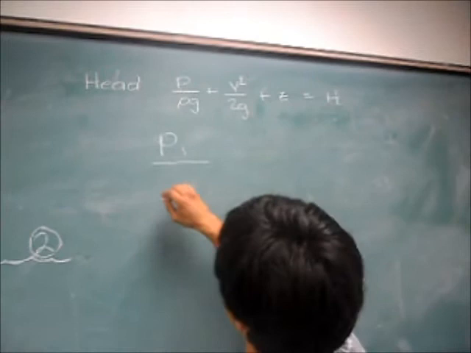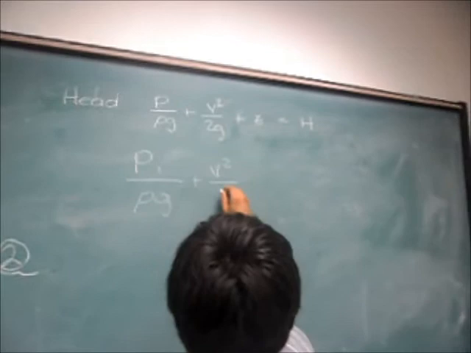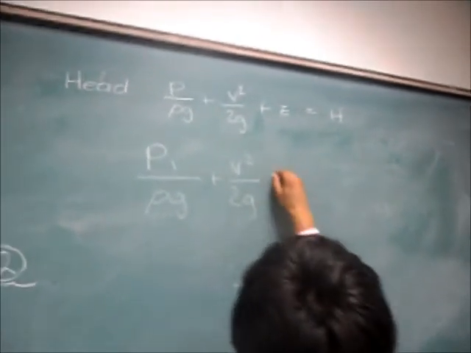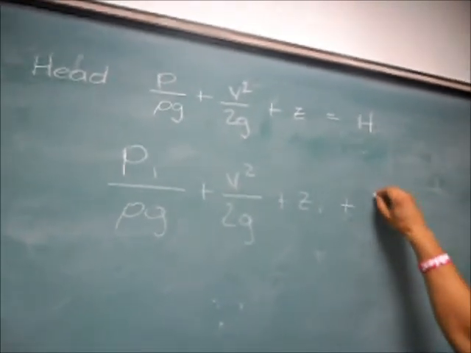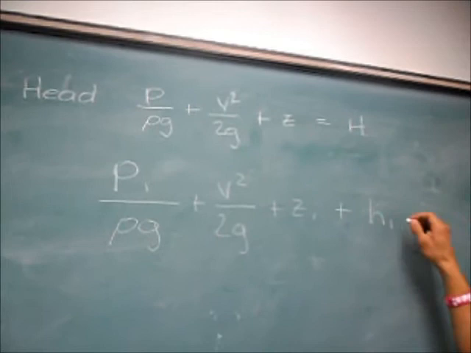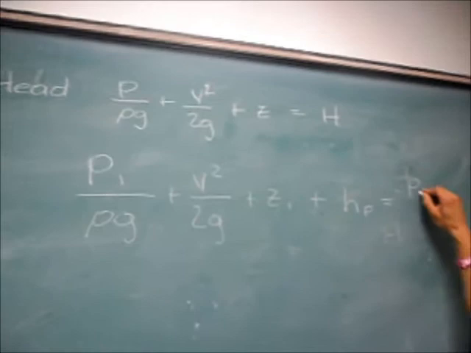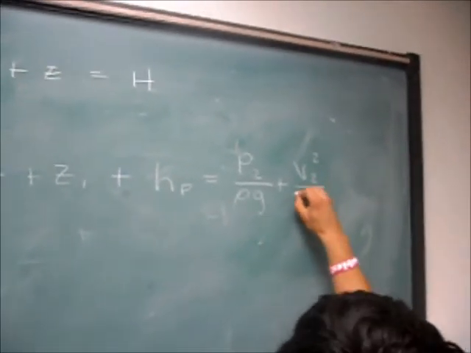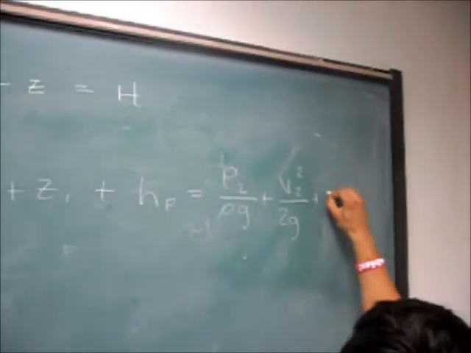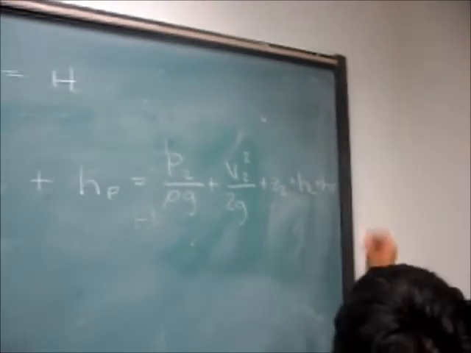We will have pressure 1 over rho g plus velocity squared over 2g plus z1 plus the head of the pump, equals pressure 2 over rho g plus velocity 2 squared over 2g plus z2 plus head losses plus head of the turbine.